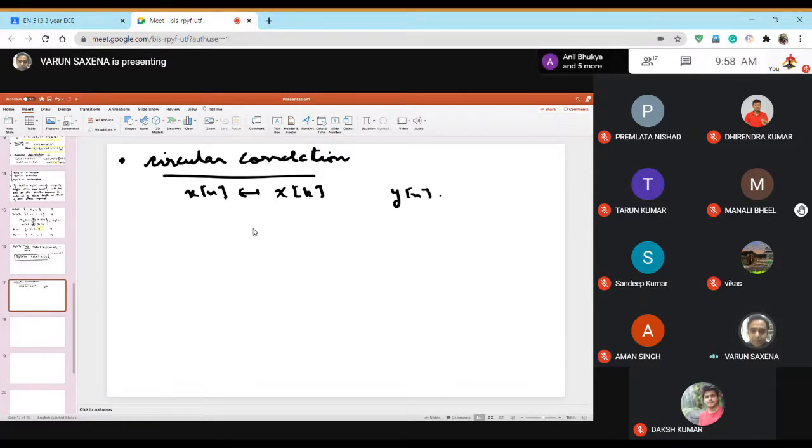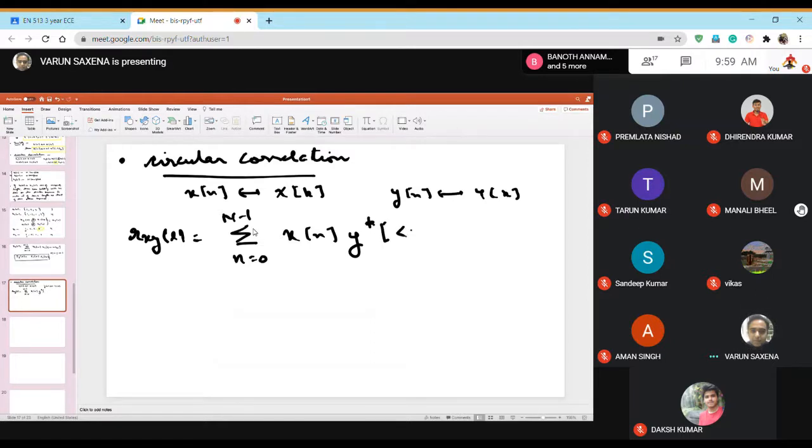You are given a y[n] which has a DFT capital Y[k]. So the circular correlation r_xy[l], in time domain, is simply the summation n equal to 0 to N minus 1, x[n] y conjugate [(n minus l) modulo N]. This is what it is.